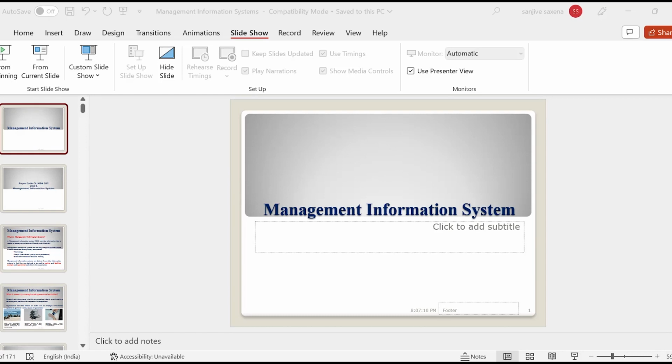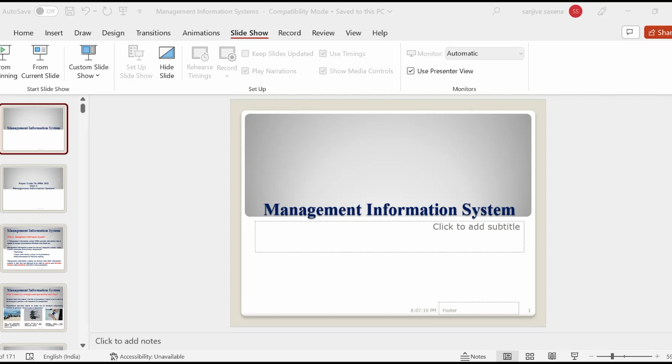All these things are part of technology. A technology is something which is used to help you make your work simplified.